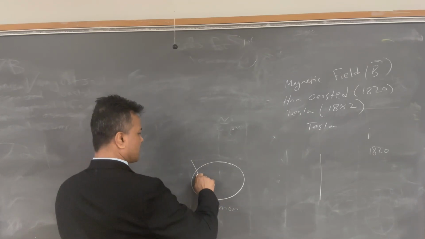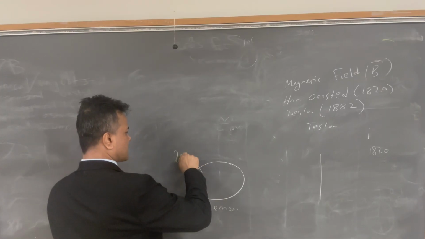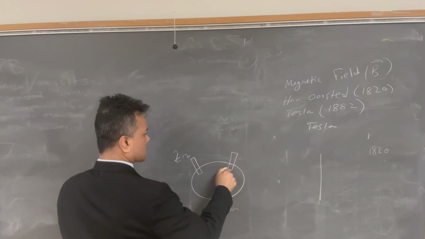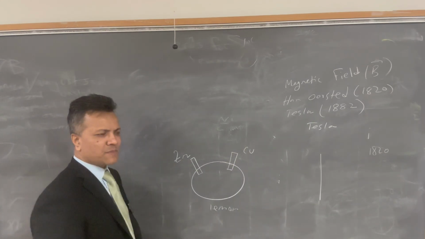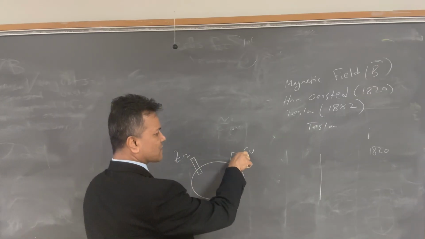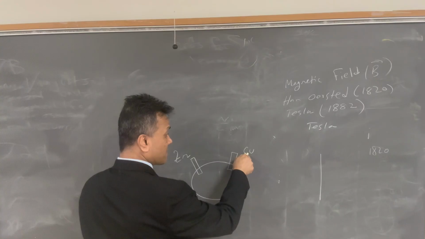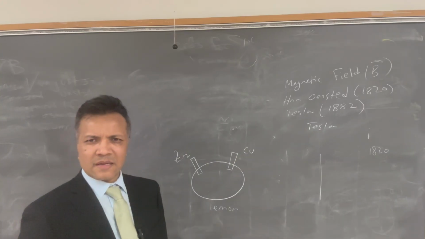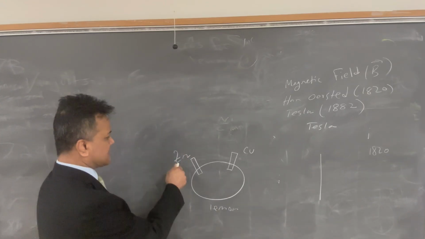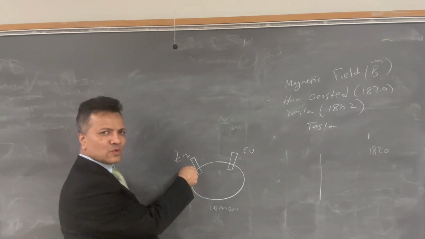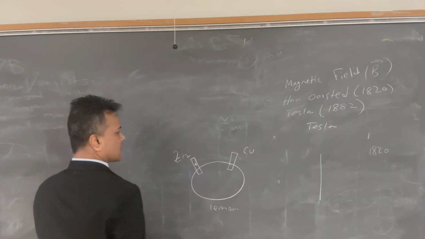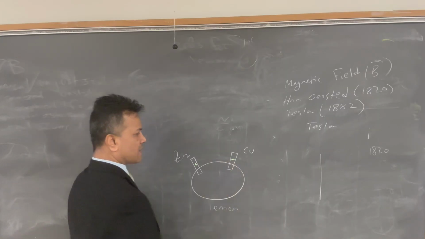You use the copper and zinc, and you use them to create the two terminals. The copper's electronegativity is greater than the zinc's electronegativity. So zinc will lose the electron. If zinc loses the electron, zinc will become positive, and copper gains the electron, copper will become negative.